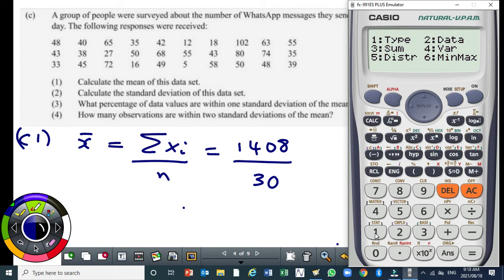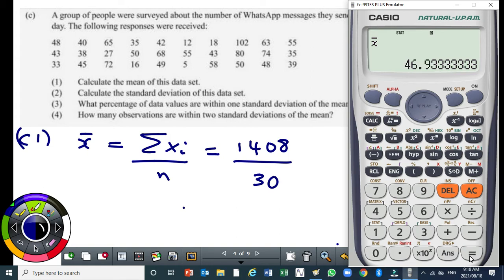As I am doing it, you do it. So number 4, then you want x bar. That's number 2 on my calculator. Your calculator must tell you what x bar is. So number 2, then you press equals.